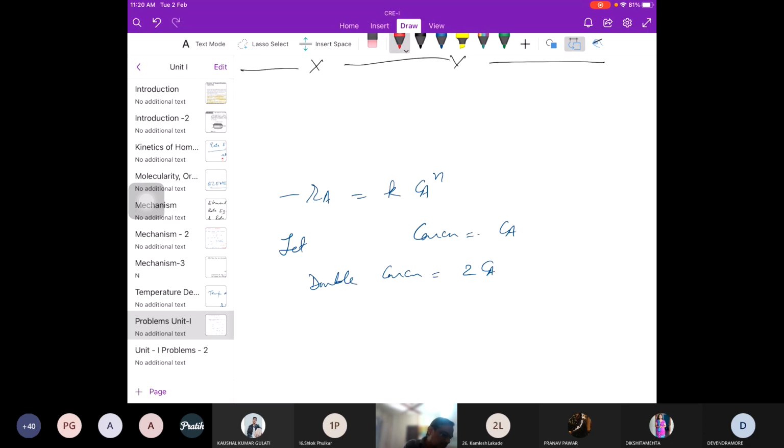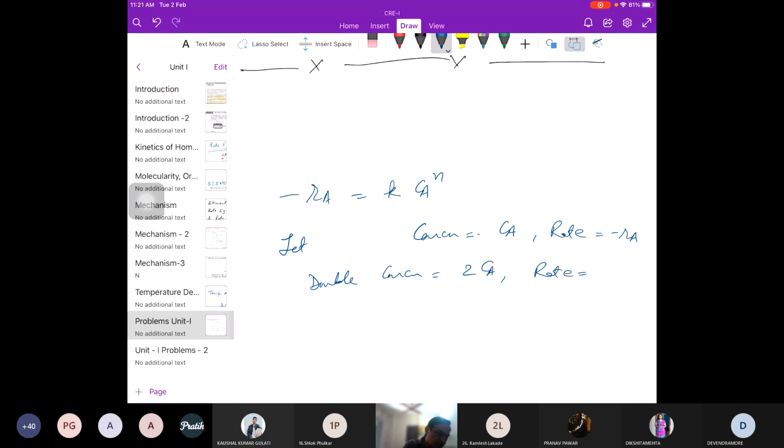So let's say Ca, and then the concentration is this much, minus Ra will be equal to minus Ra. Rate is equal to minus Ra. Suppose let me write it this way. So when they doubled, rate becomes 3 times.